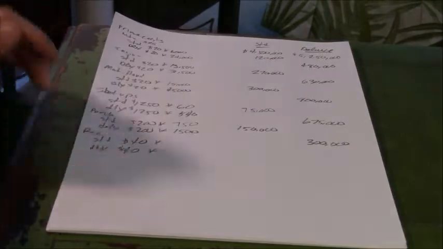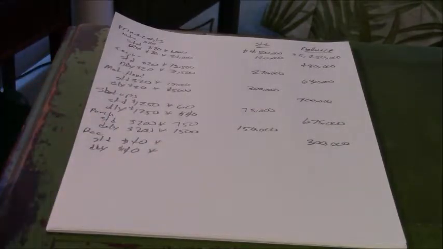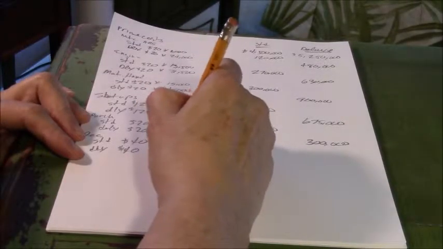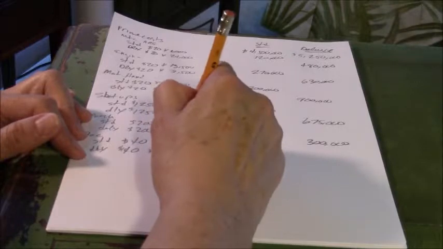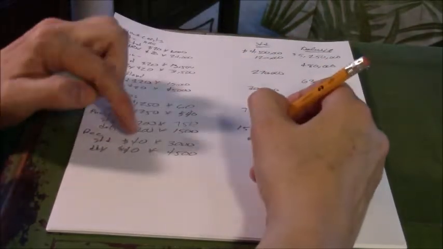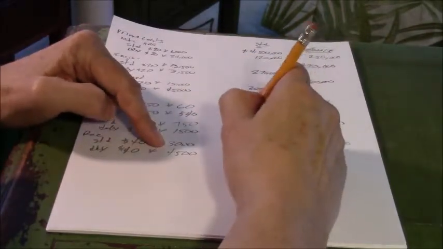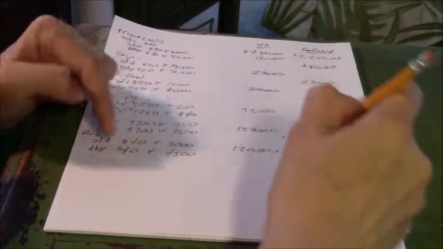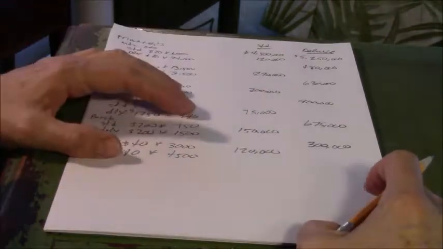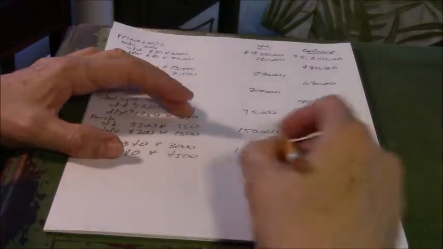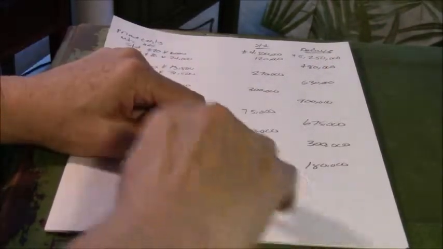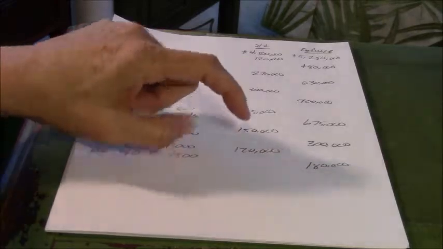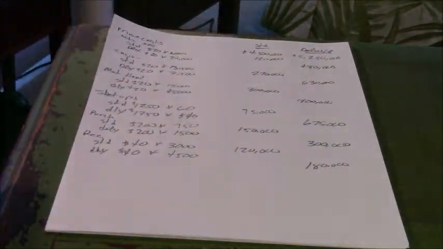So when we received standards, we received 3,000 of them. And when we received stuff for the deluxes, we received 4,500. 4 times 3 is 120. And 4 times 4,500 is 180,000. Okay, so now we have our additional overhead for receiving.